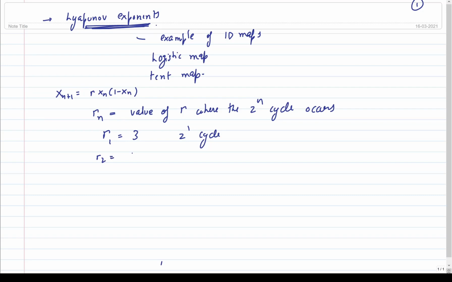R2 was 3.449, where this occurred, and so on.